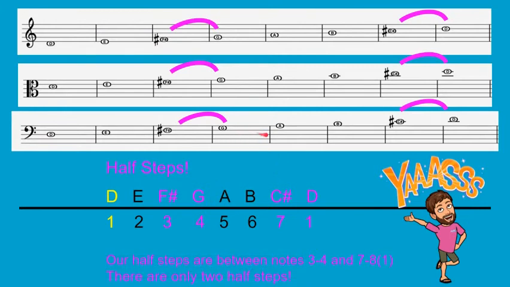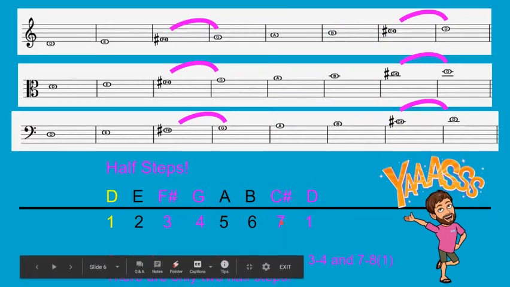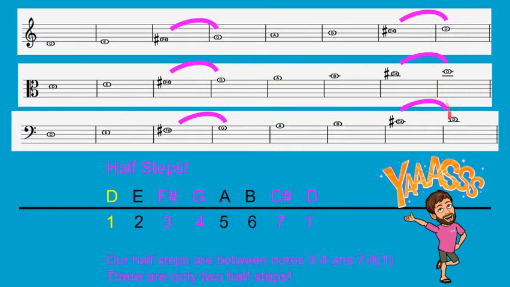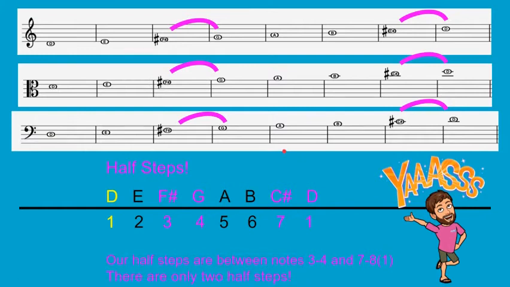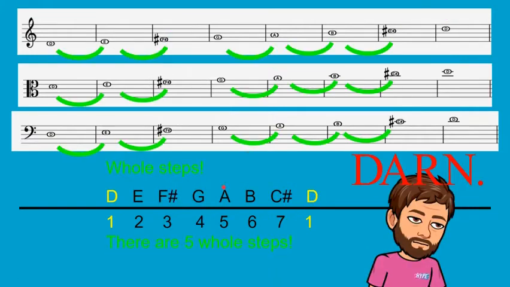And then our last half step, here A is 5, B is 6, C sharp is 7. So we have our half step starts on 7 and then ends again on 1. So again, our half steps are between 3 and 4, 7 and 1. And those are our only 2 half steps here.